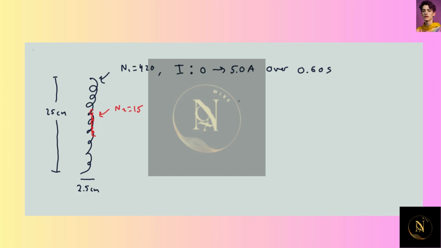So the first thing that we should note is that the B of the solenoid is given by mu naught times N1, the number of turns in the large solenoid, times I, the current running through that solenoid, over the length of the solenoid.